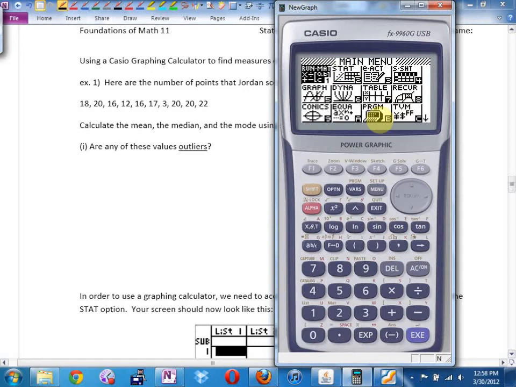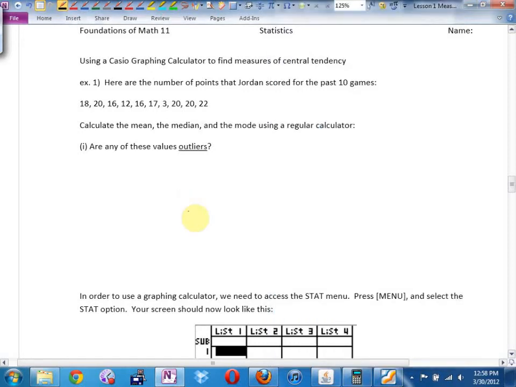Anyhow, it says using a graphing calculator, here are the number of points that Jordan scored for the past 10 games. Calculate the mean, the median, and the mode using a regular calculator.